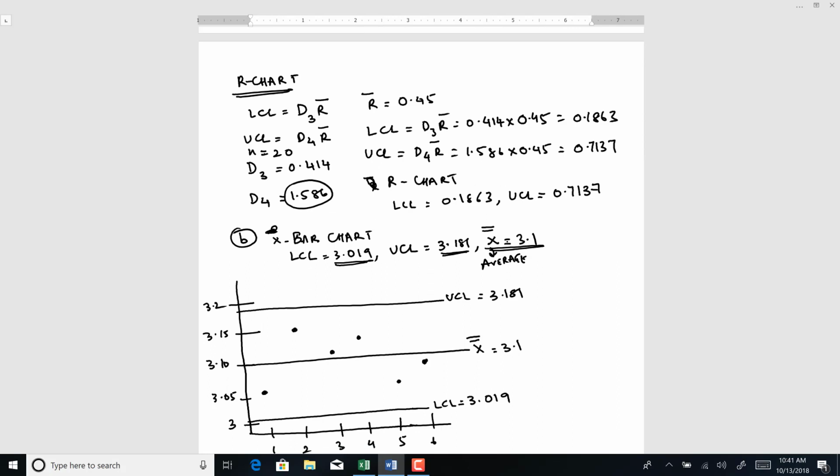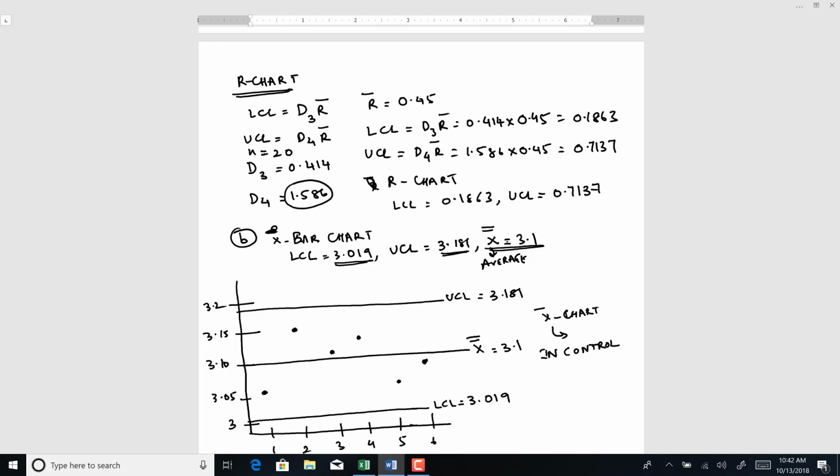So if you see, all these sample data are within the upper control and lower control limit. So the X bar chart is in control.